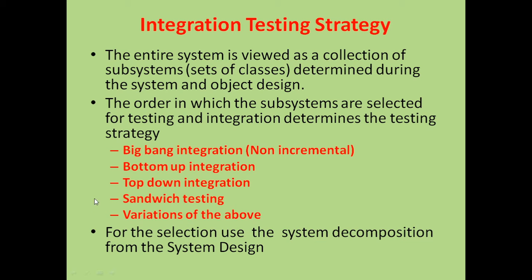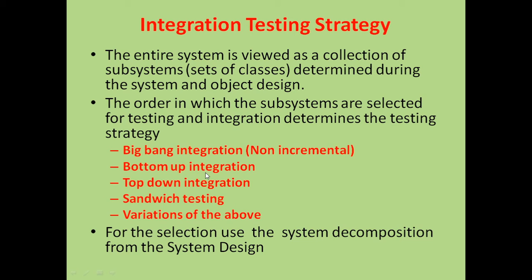So there Big Bang integration was sometimes inevitable, and that was a very risky thing, because in a Big Bang integration either the system works or it comes to a halt. So we may not be able to afford that.